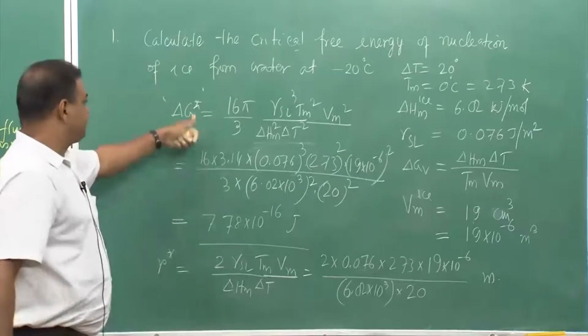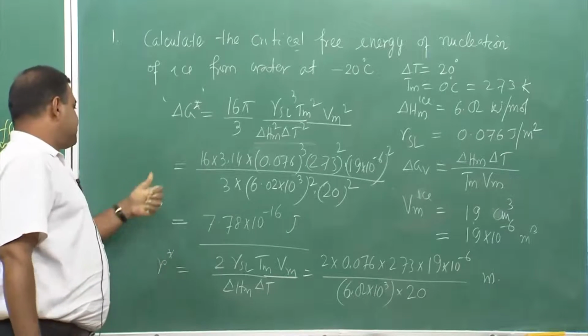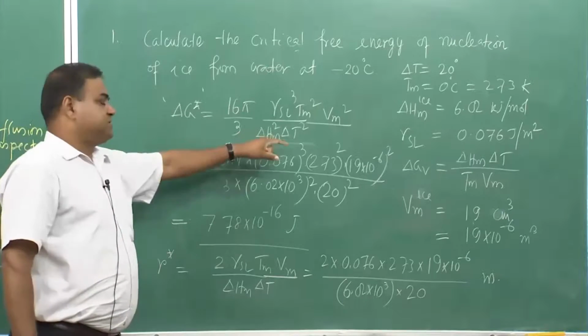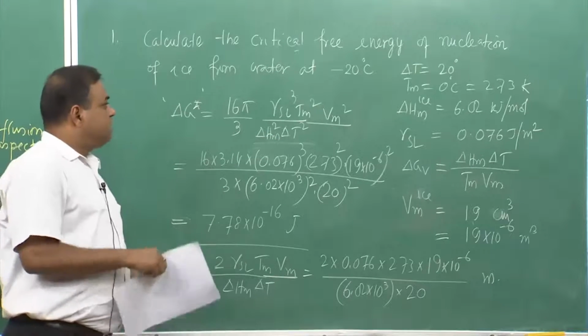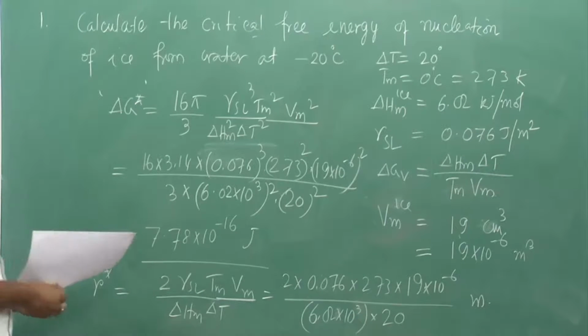So, this is one simple example. We can calculate delta G star using that simple expression. Now, let us consider a bit more difficult problem.